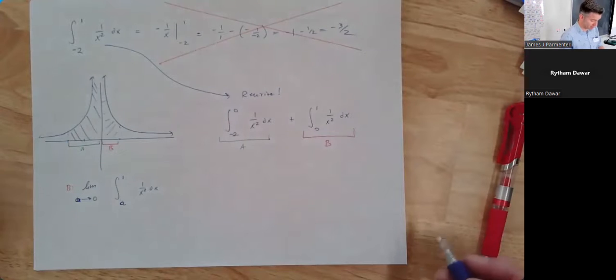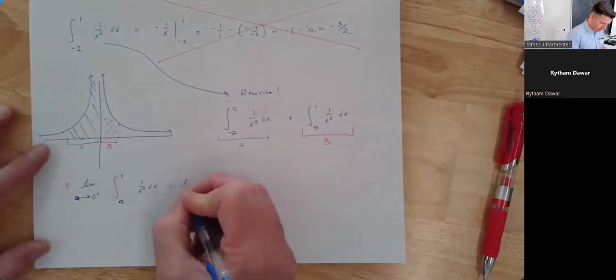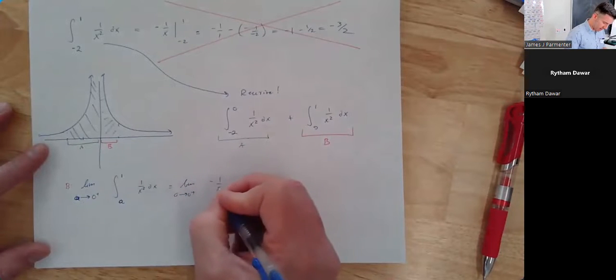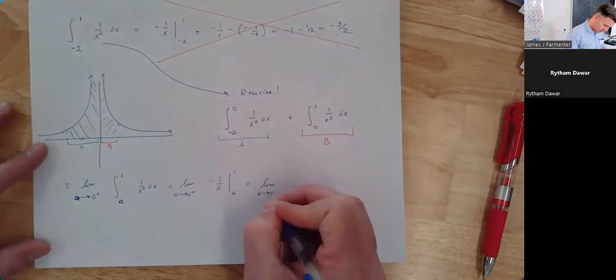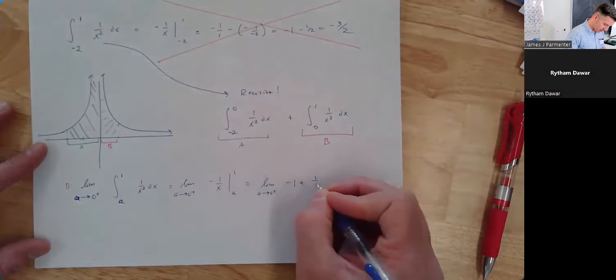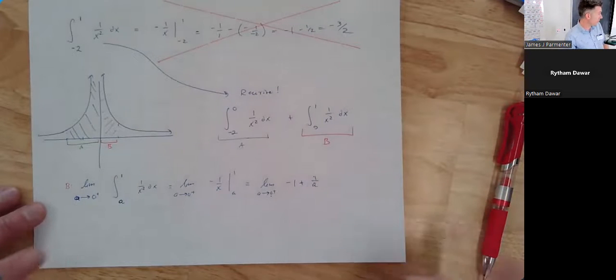Right, from the right. And then we get the limit as A approaches zero from the right. We integrate this, we get negative 1 over x from A to 1. We plug in: you get negative 1 over 1 minus negative 1 over A. And then you can see, as A goes to 0, 1 over A is going to blow up to infinity.